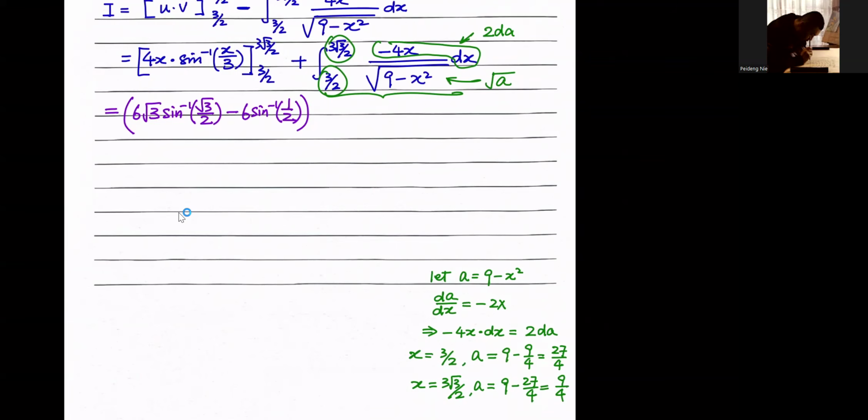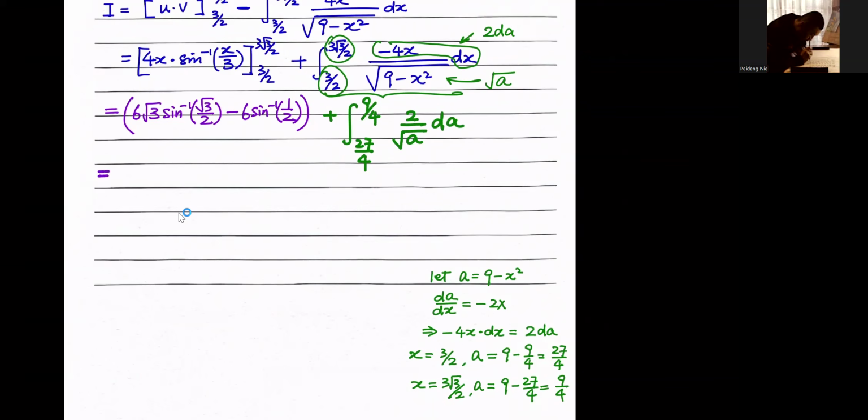The next bit, let me just use my green pen to write it out. Add. Now the bottom gives me 27/4. The top actually gives me a new value, new limit, 9/4. We have 2 divided by root a dA, something along this line, okay?